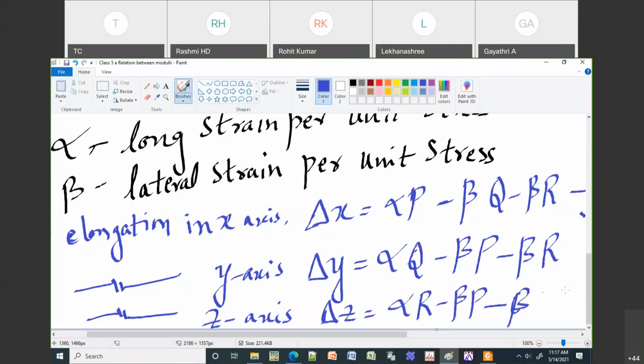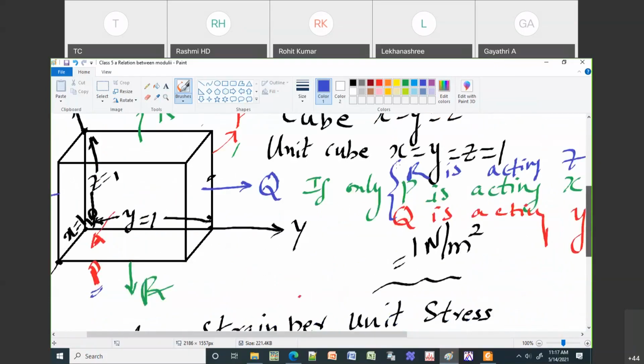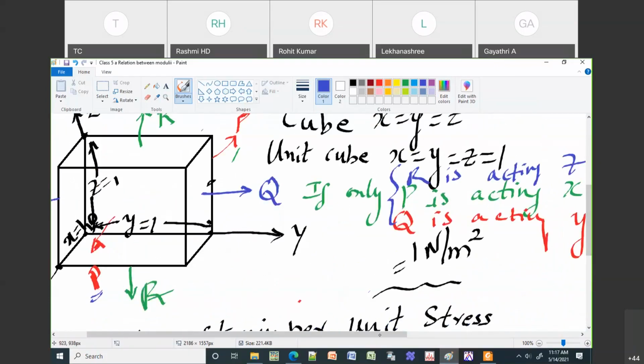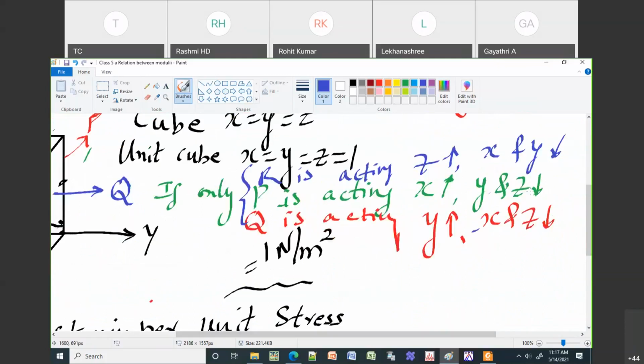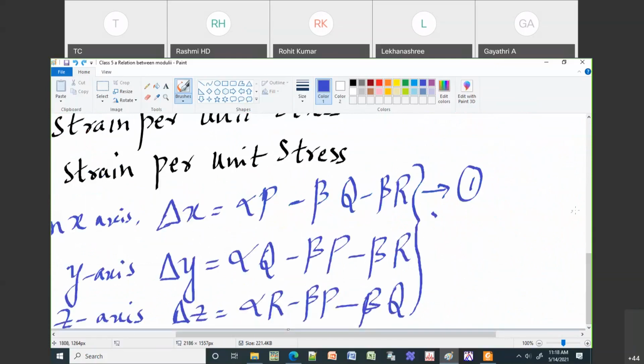Okay, so these are the equations that you are going to remember, based on what happens to length when each of these forces are acting. So if P is acting, then x is going to increase, y and z is going to decrease. If Q is acting, then y is increasing and x and z is decreasing. Okay, so this is the first equation that you need to know before you go into the main derivation.